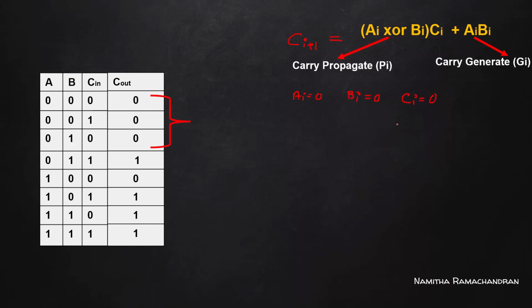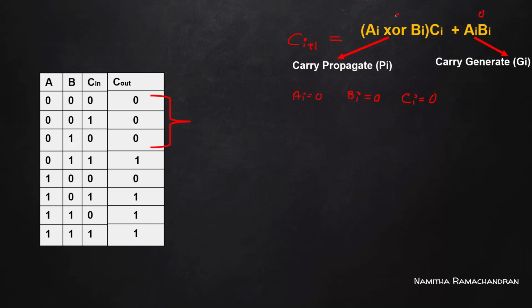All are 0. If Ai equals 0 and Bi equals 0, we can directly say that this carry generate term is 0. And what about Ai XOR Bi and Ci? This carry out is 0. If one term is 0 in case of an AND operation, we can directly conclude this term is 0.